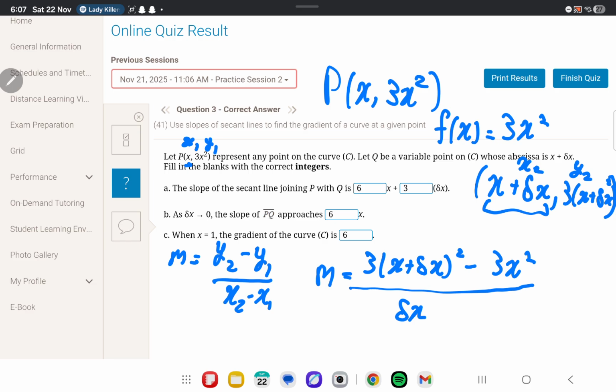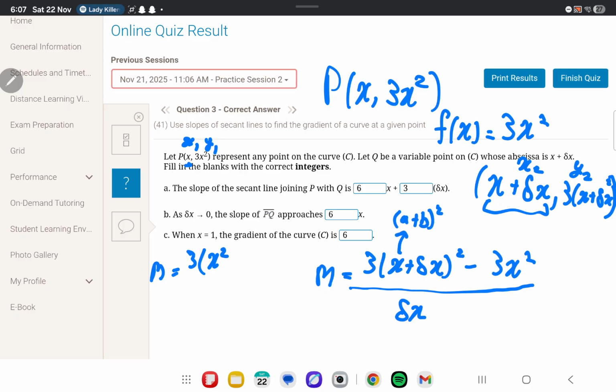Now, this is technically correct, but obviously it's not simplified. So what are we gonna do? We are gonna simplify it. So how do we do this? Expand this. So m is equal to 3 into x squared. Remember the remarkable identity: a plus b squared is equal to a squared plus 2ab plus b squared.